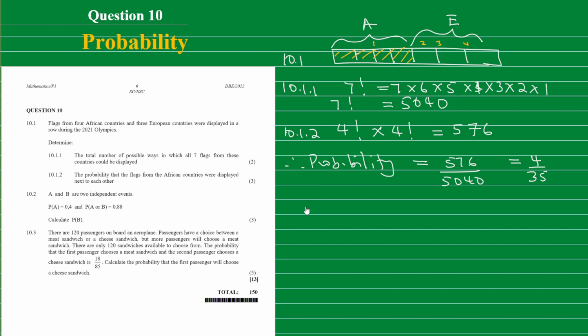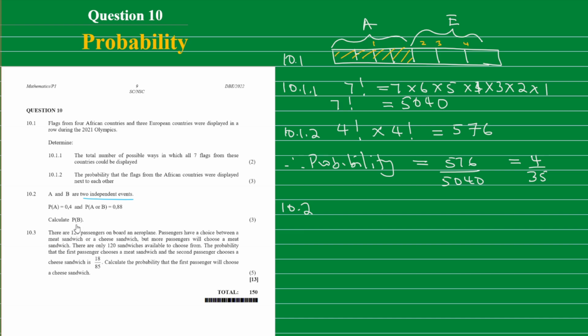And then 10.2, we are given that A and B are two independent events. So highlight that: independent events. And then we have P(A), the probability of A, is 0.4, and the probability of A or B is 0.88.